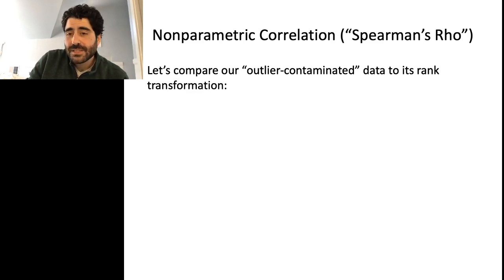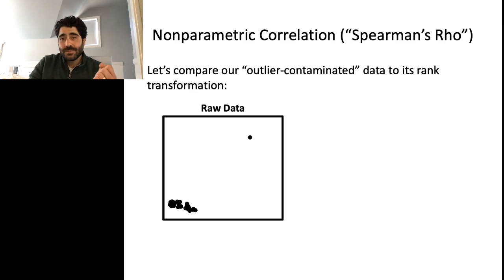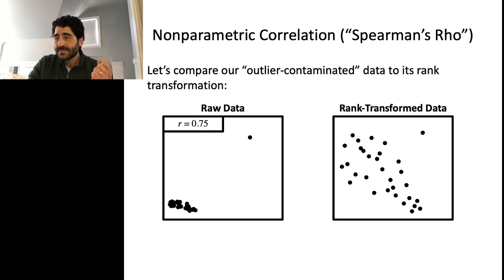What that's going to do is say that we don't actually care about how big the intervals are between our data points. We just want to know which ones are the smaller ones and which ones are the bigger ones. So for example, here's our raw data, which remember had a correlation of 0.75. And now this is what the rank transformed data looks like.